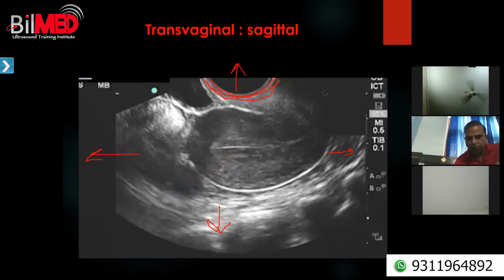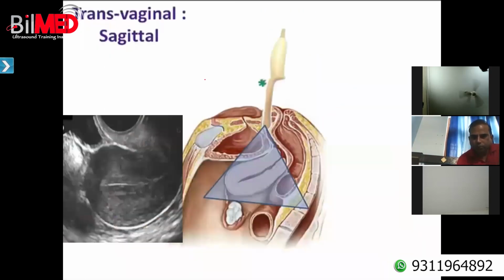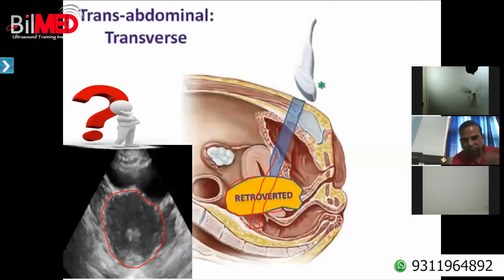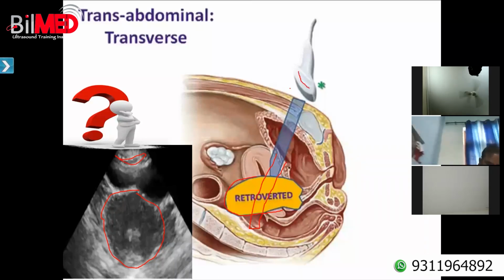Now listen to me. When you are doing an abdominal ultrasound, this footprint is also on the top. But the point here is, with the trans-abdominal probe you are putting it on the patient's abdomen.